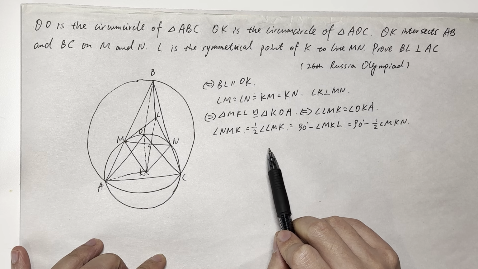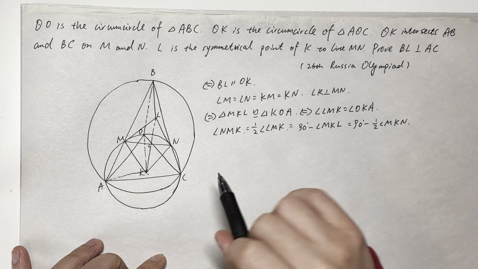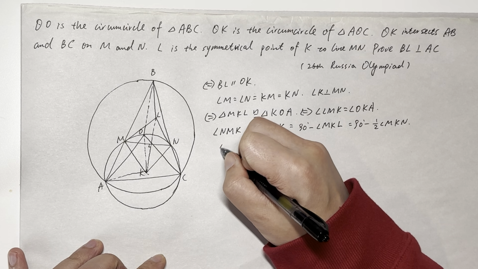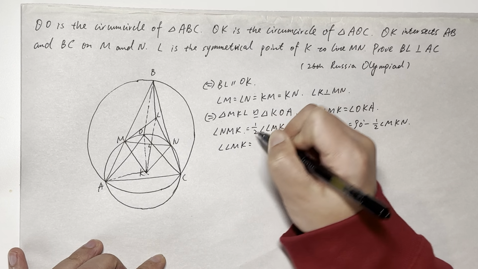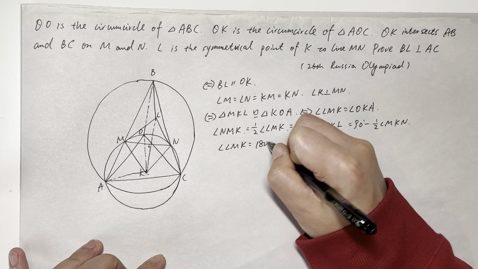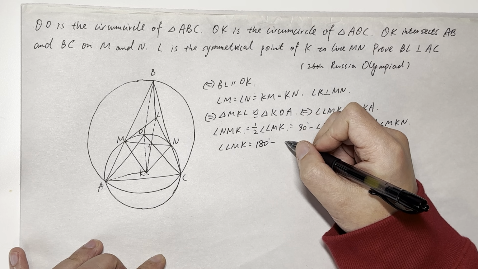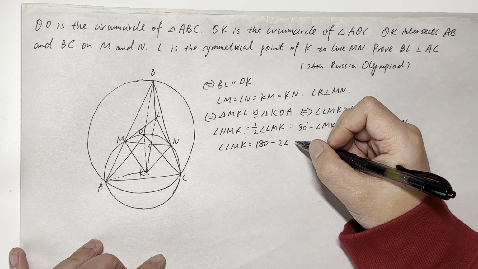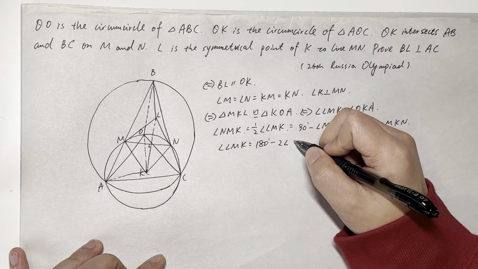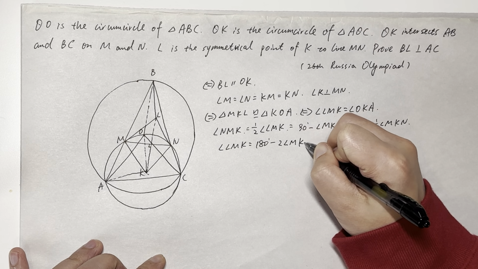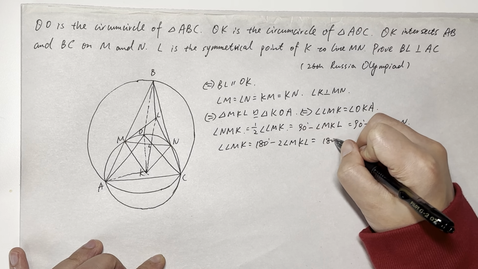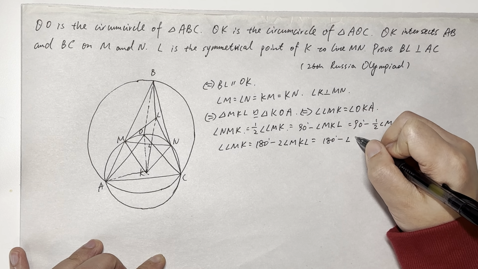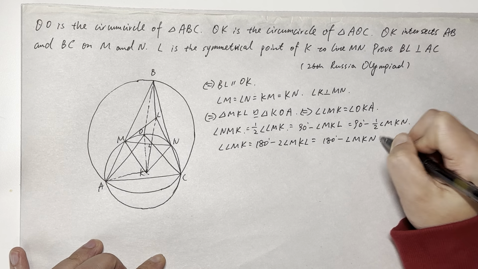Let me write it in another way that will be easier to consider. So angle LMK actually equals 180 degrees minus twice of angle MKL, which equals 180 degrees minus angle MKN.